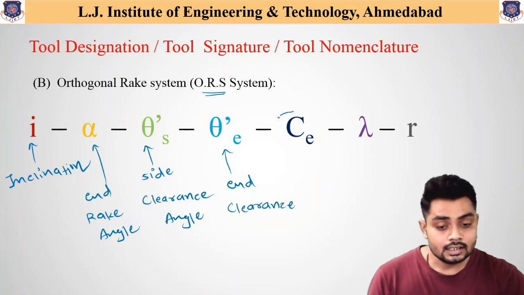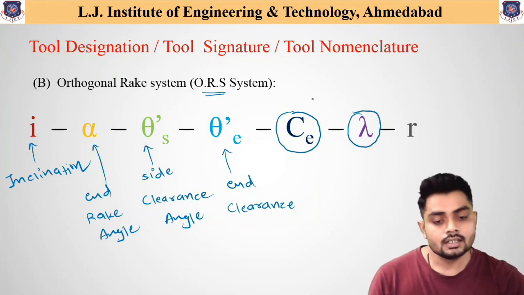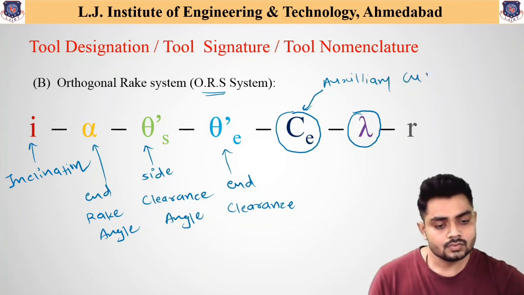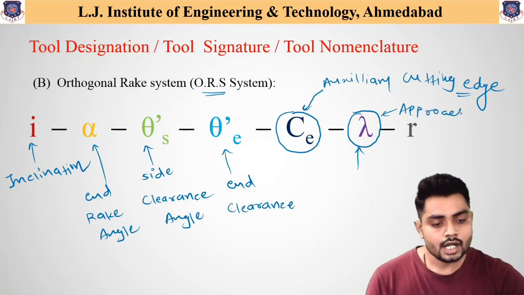Similarly, keep these two parameters in mind. CE indicates the auxiliary cutting edge angle, and lambda indicates the approach angle.